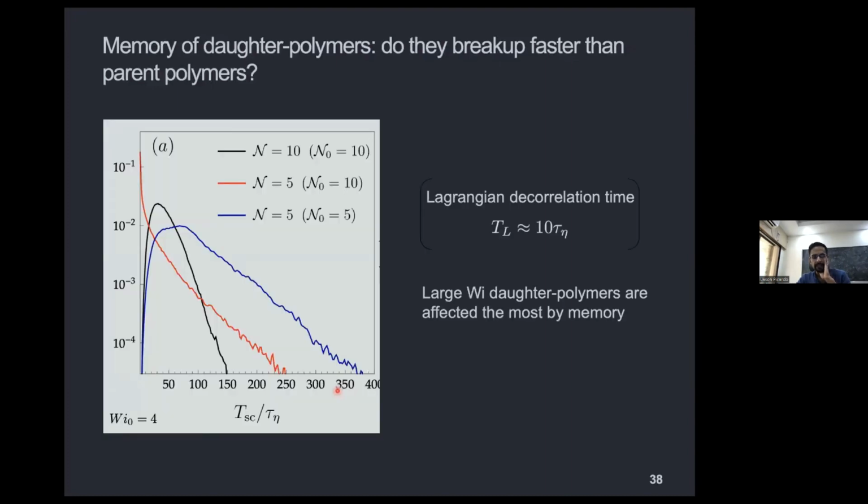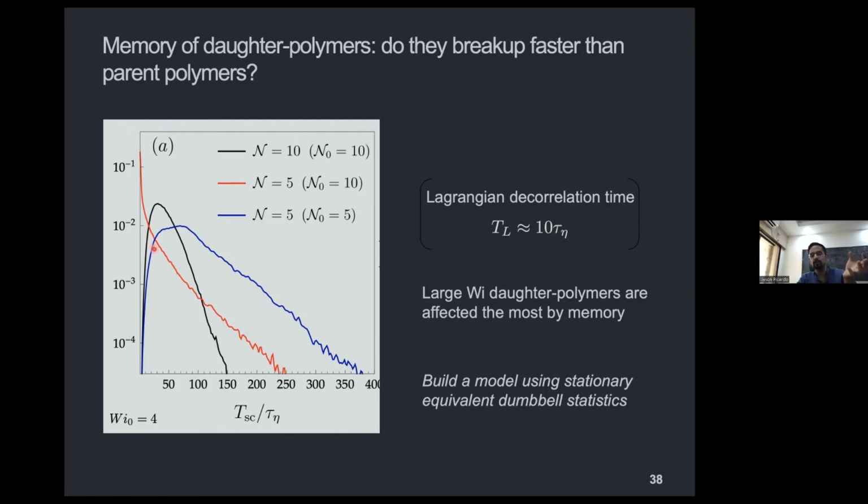Okay, I'll skip this in the interest of time. Here, just a word about it. We tried to ask the question, when a parent breaks and forms 2 daughters, do these daughters break up, or do they behave like parents that had 5 beads, or do they have some memory of the fact that they have been born from a breakup event?